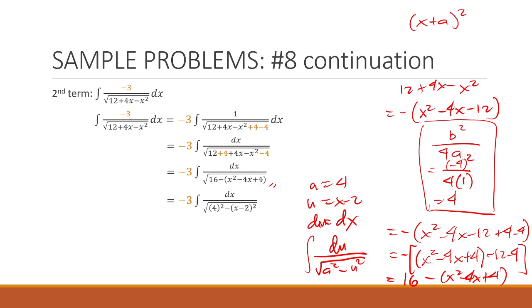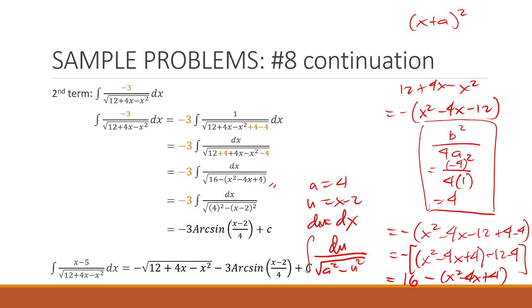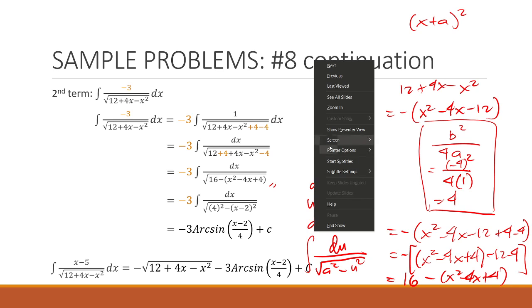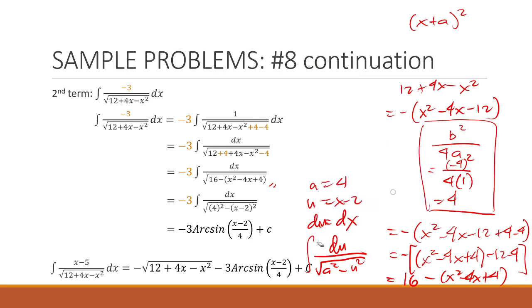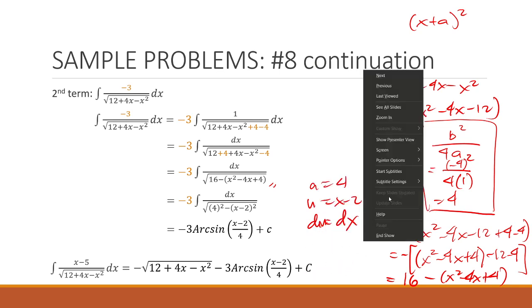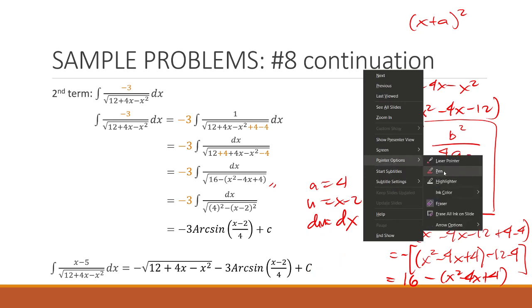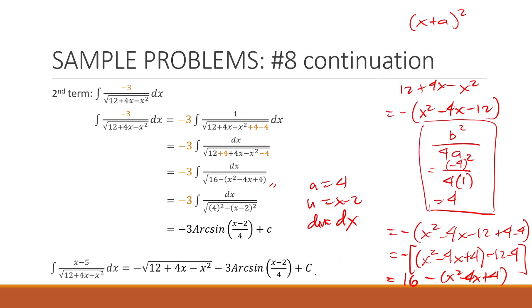Therefore, this is integrable using arc sine. Okay, so negative 3 arc sine of x minus 2 over 4 plus c. And then we combine the antiderivative of the first term and this antiderivative of the second term. And of course, plus c. Okay, so this is now the final answer.